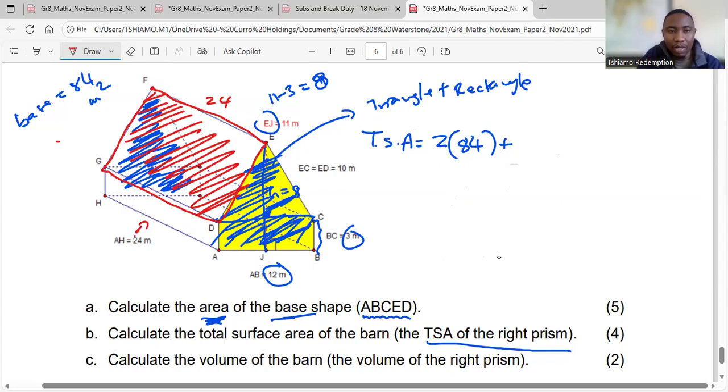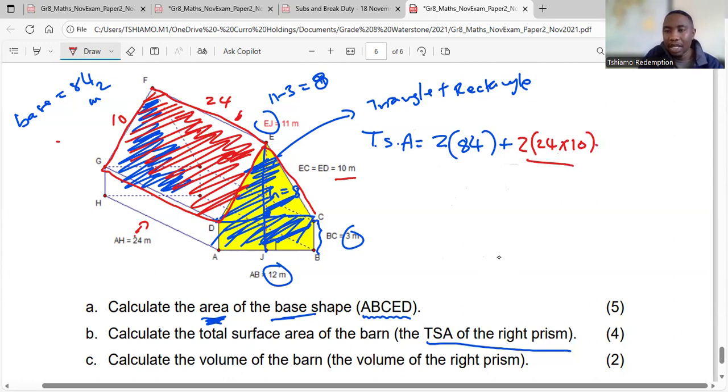And then how much will be this part that is land? It will be the same, so it will be 10. Do you agree that this part here is the same as that part on the other side? So it is twice 24 times 10, because I have two sides that look the same.